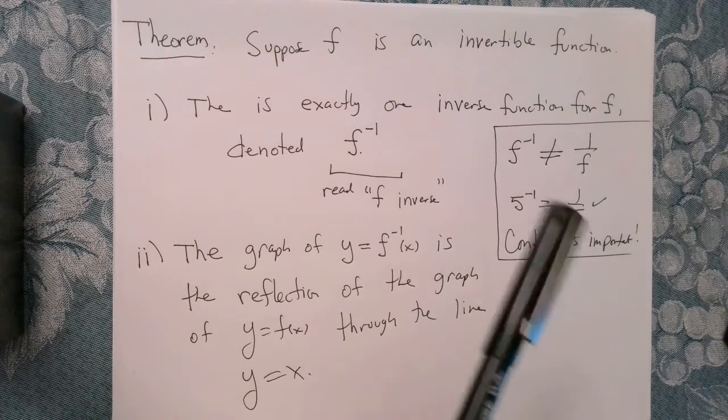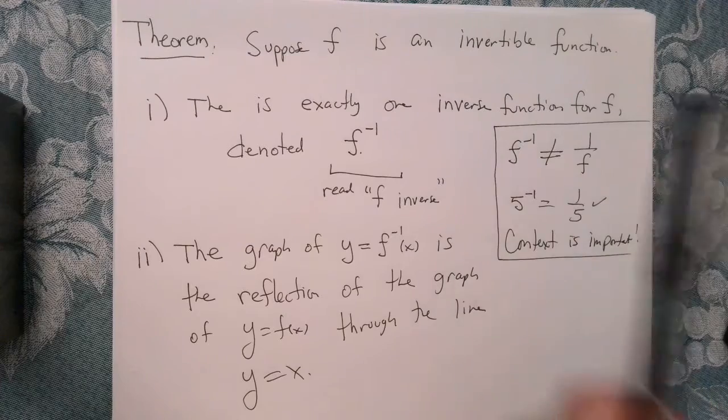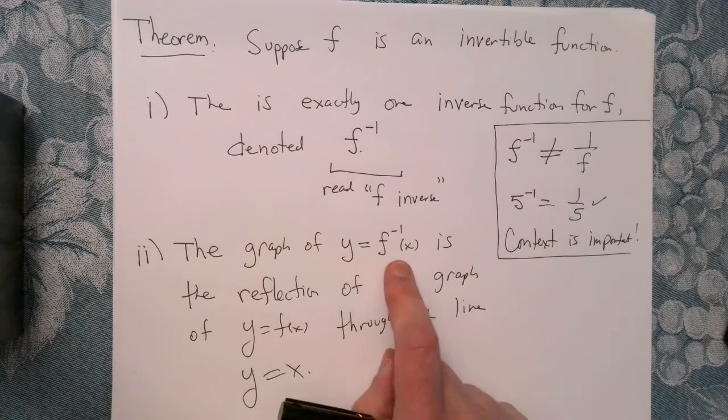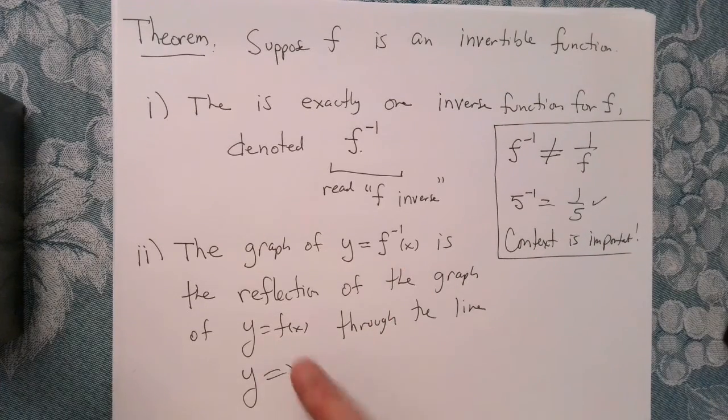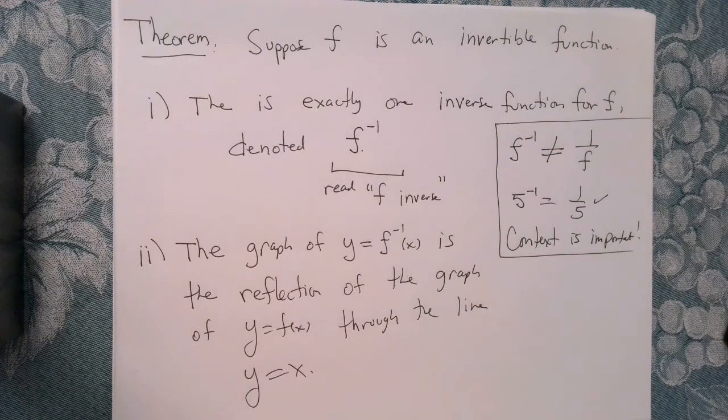Okay, cool. So we've introduced a bit of notation. We know the inverses are unique, and we know what the graph looks like. You just take the original graph, you reflect it through this line, and now you have the graph of the inverse function.